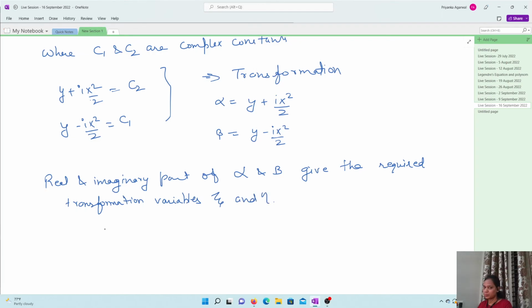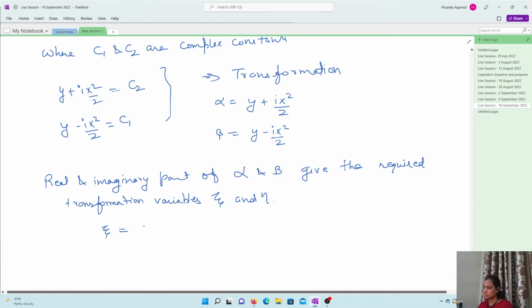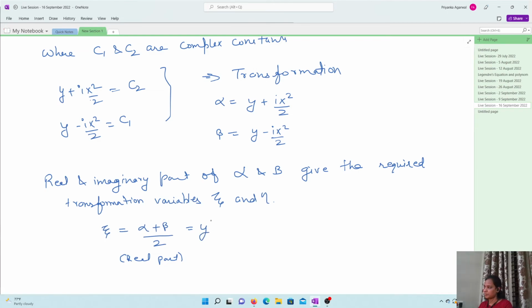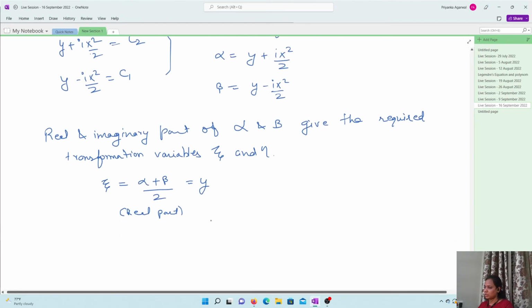So xi can be written as alpha plus beta by 2, which is the real part. So the real part will be this y, and neta can be written as alpha minus beta over 2i, which gives x square by 2. So this is the imaginary part.